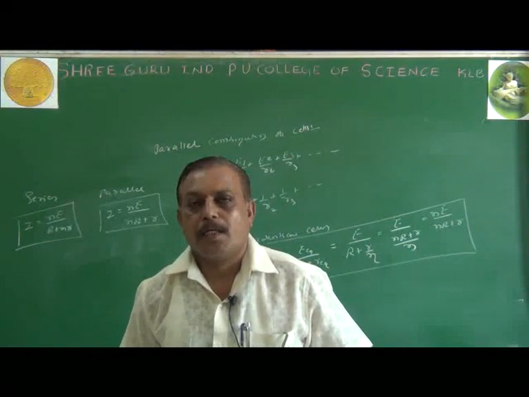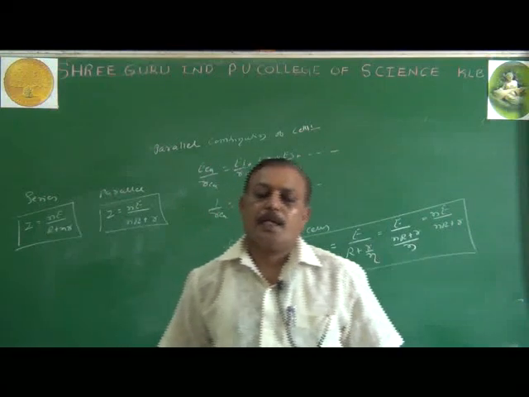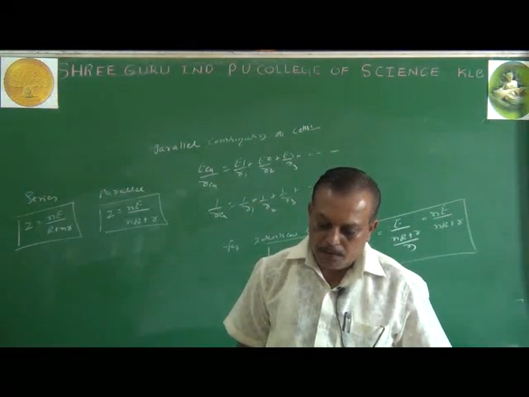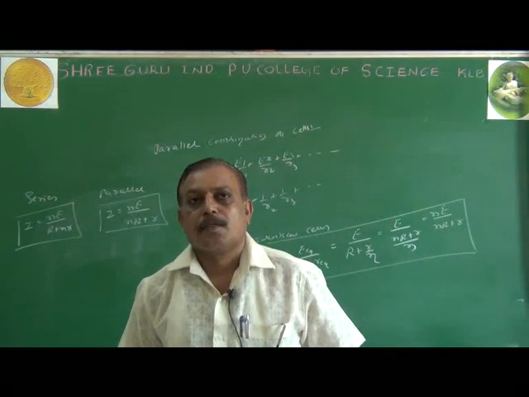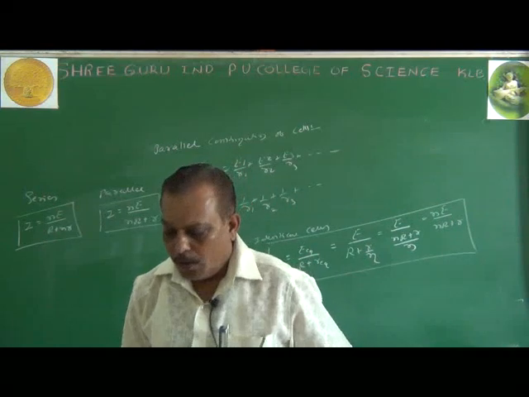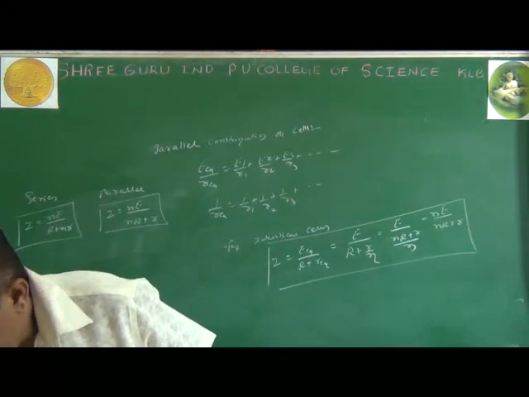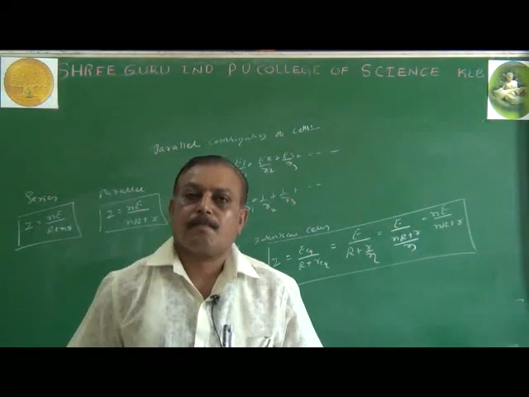We can determine its resistivity. We can calculate the temperature coefficient of a conductor. We can calculate the temperature coefficient of a thermistor. Then we use the meter bridge for knowing the unknown resistance and comparison of the resistances.